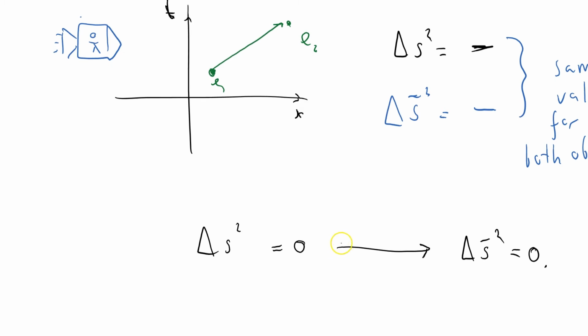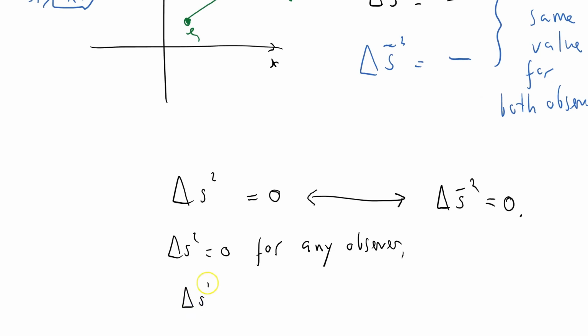So that's got to be an implication the other way as well, because if delta s bar squared is equal to 0, that tells me that delta s squared is equal to 0. So if delta s squared equals 0 for any observer, then it equals 0 for all observers, because the speed of light is constant for everyone.